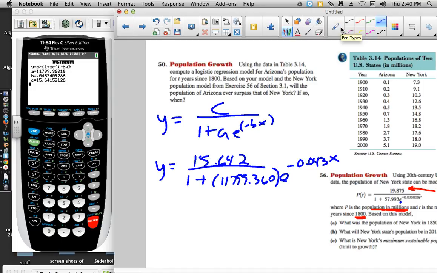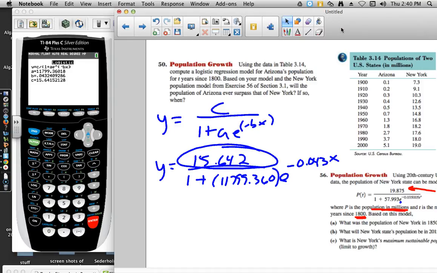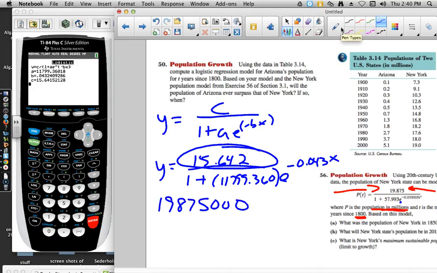But again, what we are looking at is this. And for Arizona, we have 15.642 million for the population. And for New York, that maximum sustainable population is 19.875. So we would write something along these lines, 19.875 with 6 decimal places for the zeros is going to be greater than, and we're going to do the same thing for 15.642.